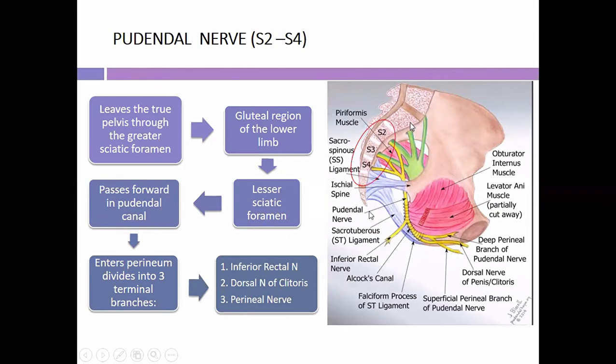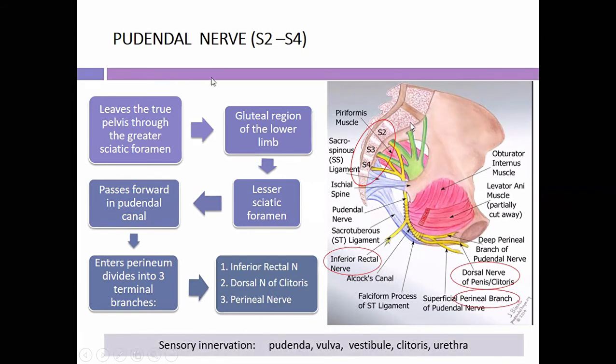Then it will enter back into the pelvis through the lesser sciatic foramen and pass through the pudendal canal, where it will give off three branches: the inferior rectal nerve, the dorsal nerve of the clitoris for the woman, and the perineal nerve. This pudendal nerve provides sensory innervation to the pudenda: the vulva, vestibule, and clitoris, or in other words, the external genital organs of the female. So they are coming from the pudendal nerve.